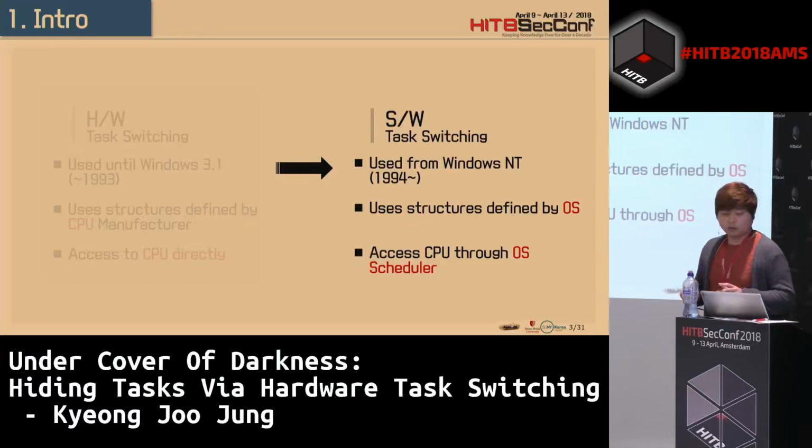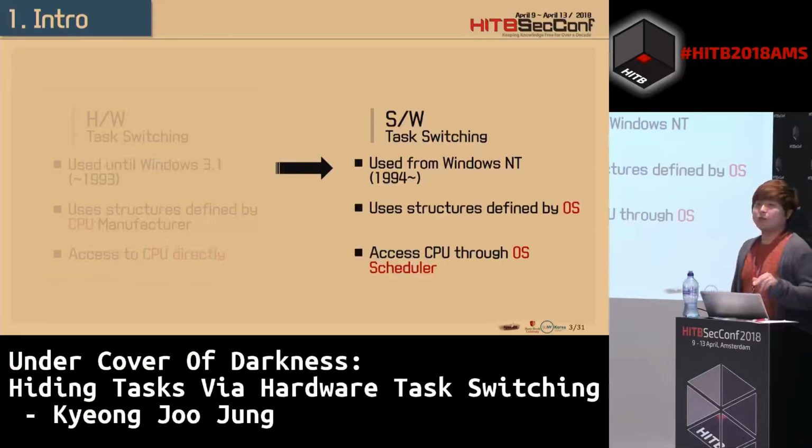So one question: do you think the hardware task switching disappeared? The answer is no. It's because of the compatibility the CPU should have, because there are still lots of people using 32-bit computers. So we are focusing on the fact that we are not using this feature.